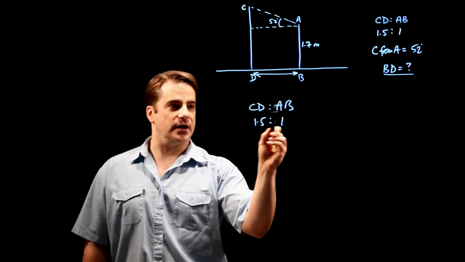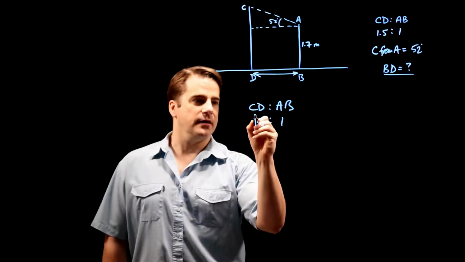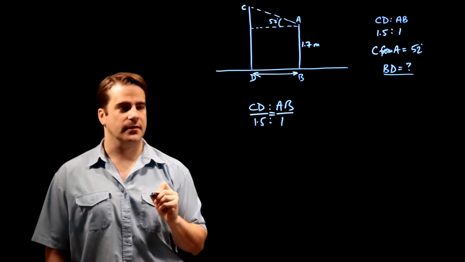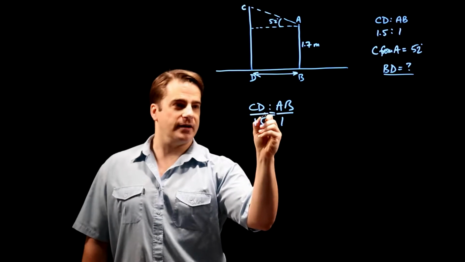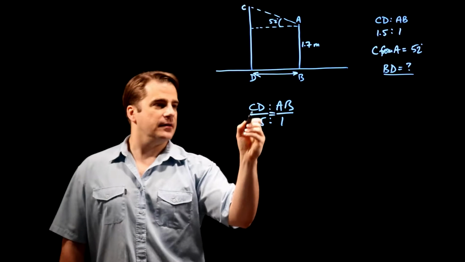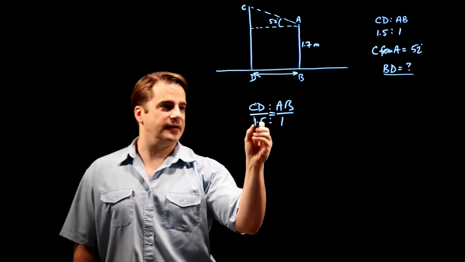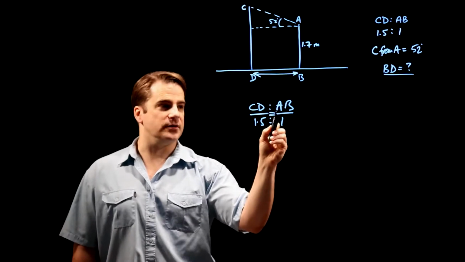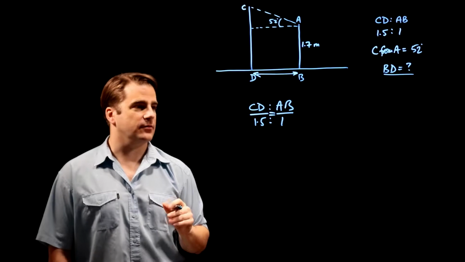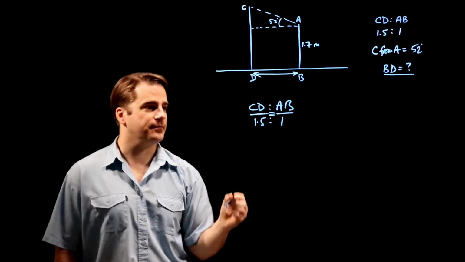When you have ratios like this, this is how you turn them into an equation, okay? You put in a dividing line there, an equal sign in the middle and a dividing line there. If CD to AB is 1.5 to 1, then CD divided by 1.5 equals AB divided by 1. Okay? So we can now find out CD, this distance here.